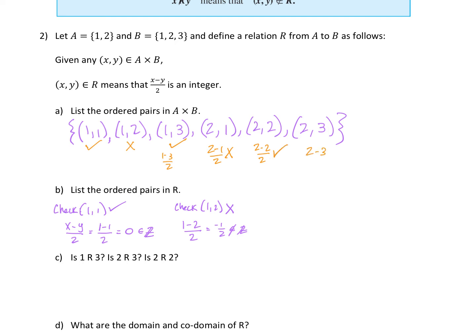And then 2 minus 3 over 2 is negative a half, which is not an integer. So to list out the ordered pairs in R, we have 1, 1, 1, 3, and 2, 2.